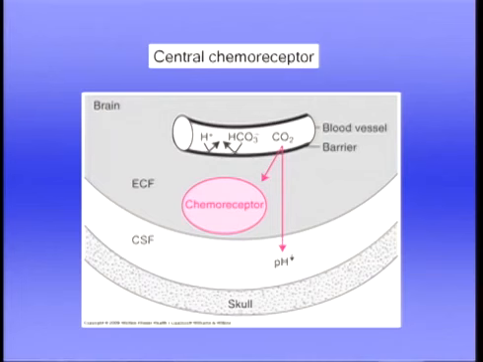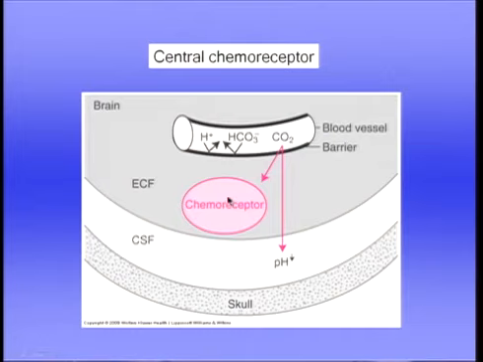And if you take a pledget of cotton wool, which has some acid or CO2 solution on it, and place it on this part of the medulla, then you can see in animal preparations a rapid increase in ventilation occurs within a few seconds. So there's a central chemoreceptor embedded in the brain tissue here, and this is a very important receptor.